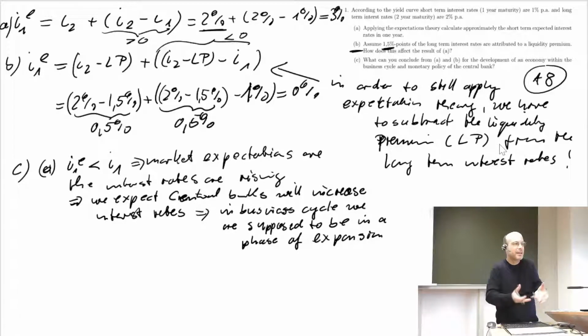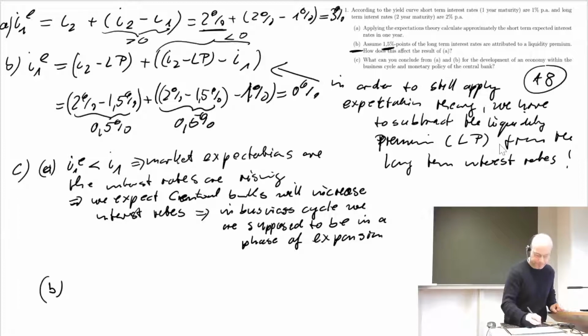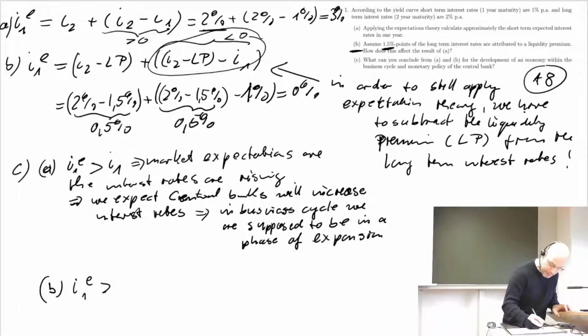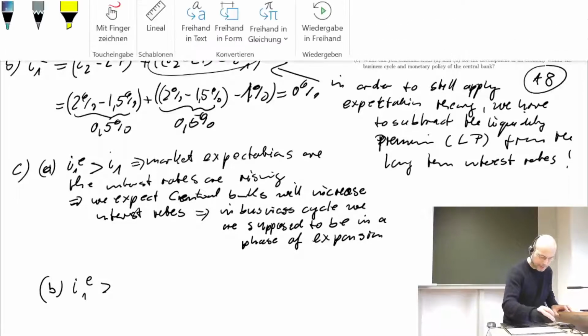Well, in B, we assume that the liquidity premium within our market is quite high with 1.5 percentage points. Then we see short-term interest rates are higher. Sorry, this is just the other way around, of course. This has to be greater, of course, and here also.